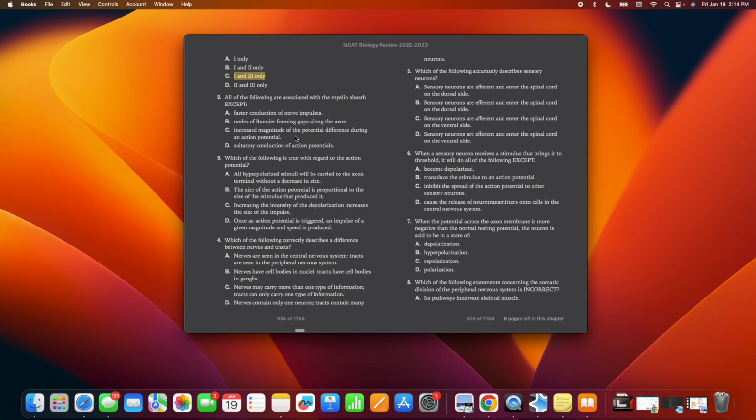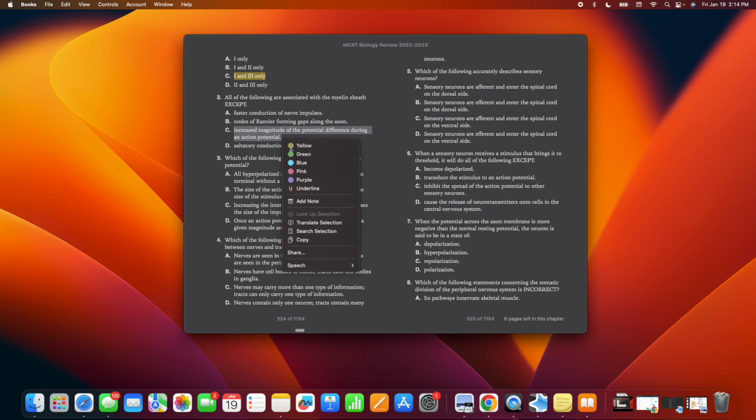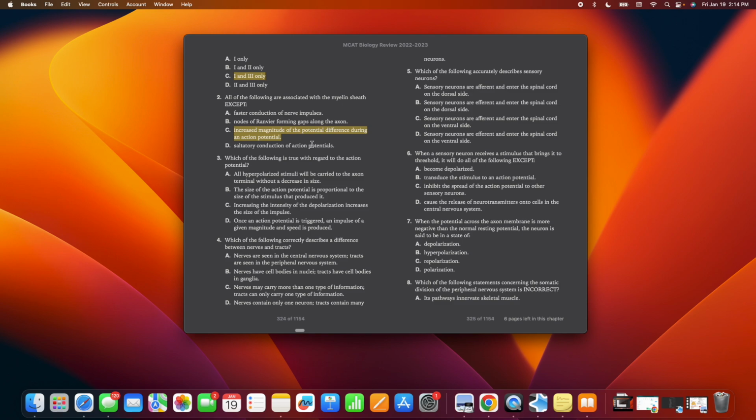I think it's about the speed, not the magnitude. So probably that's the answer. Saltatory conduction of action potentials. That's true. It's like a jumping kind of conduction, transferring of the action potentials, which makes it faster.